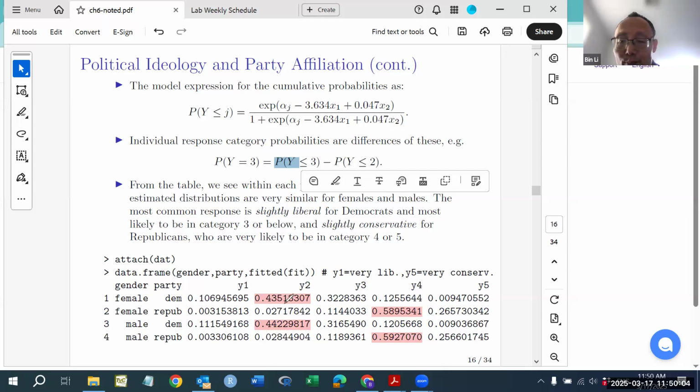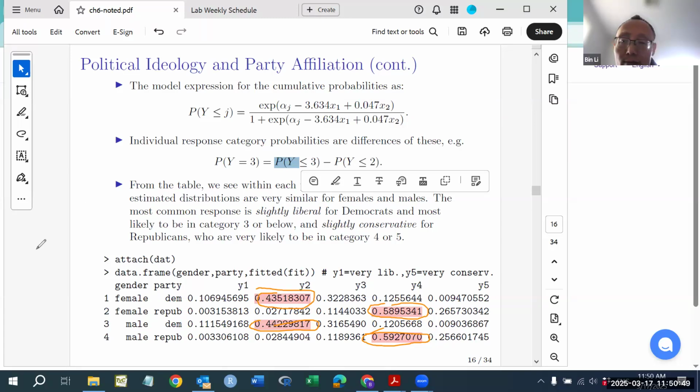And from these estimated probabilities, you can see the dominant category for political ideology for the Democrats is slightly liberal. For the Republicans, it is slightly conservative. So you can see most people are either slightly liberal or slightly conservative. Okay, so that's the interpretation.